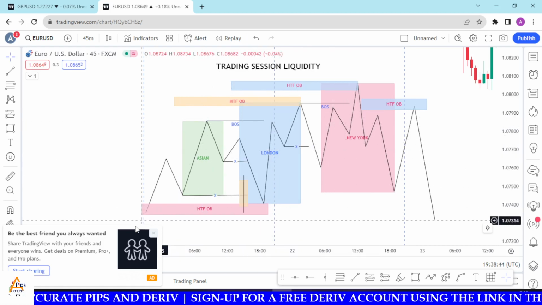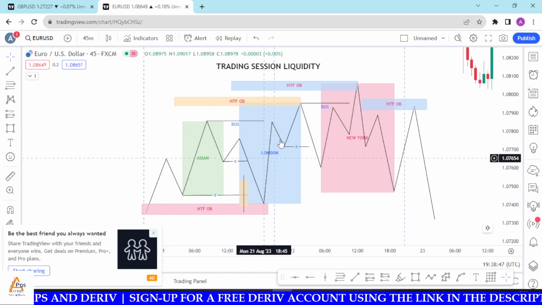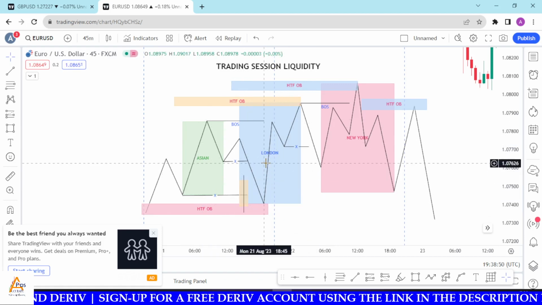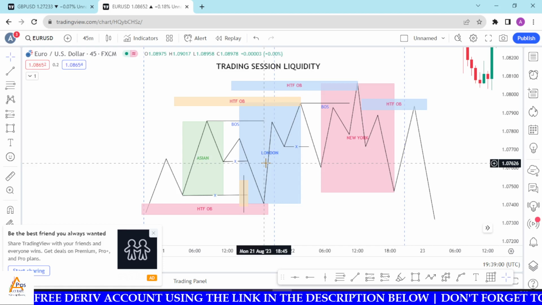Then we see market coming up this way, so it means we are in bullish momentum. All right, now if market breaks the Asian high during London session, then we can make that a break of structure in terms of sessions.